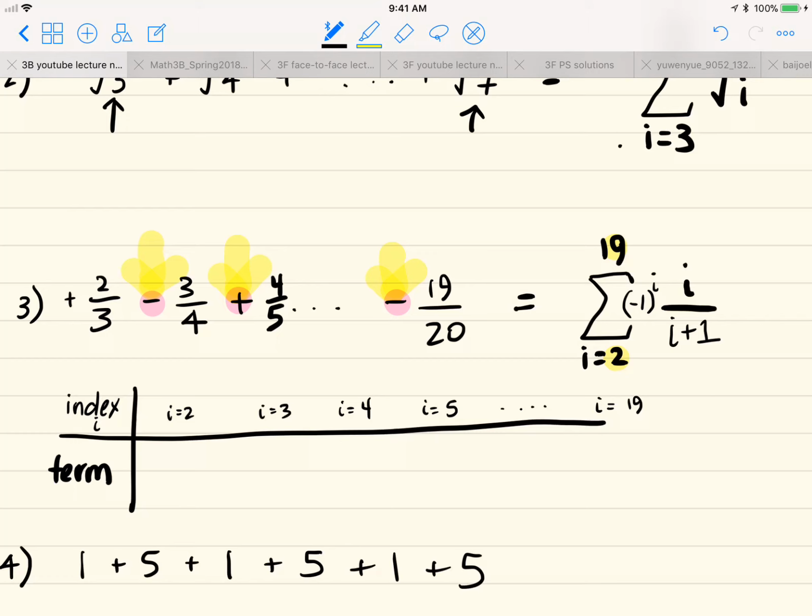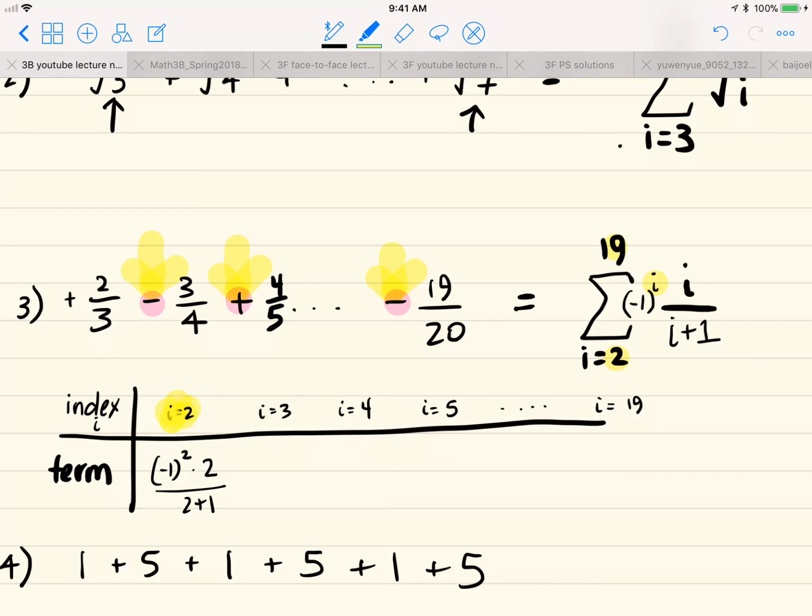Okay, so for i equals 2, what do I get? According to what I've written down, negative 1 squared times 2 over 2 plus 1. All I did was replace i with 2.